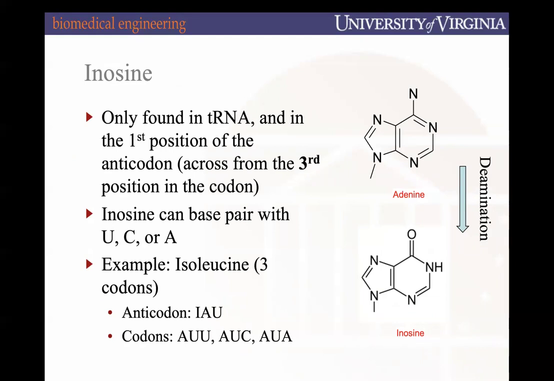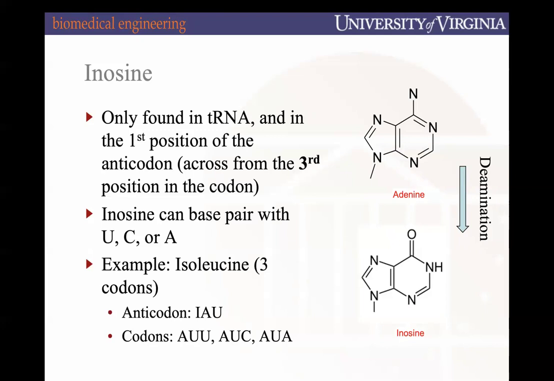As an example of this, within the anticodon, in the first position we have inosine, and we have A and U. The codons that would be complementary and anti-parallel to this would be three possible codons. This creates redundancy where all of their differences are at the third position. It's AUU, AUC, and AUA.